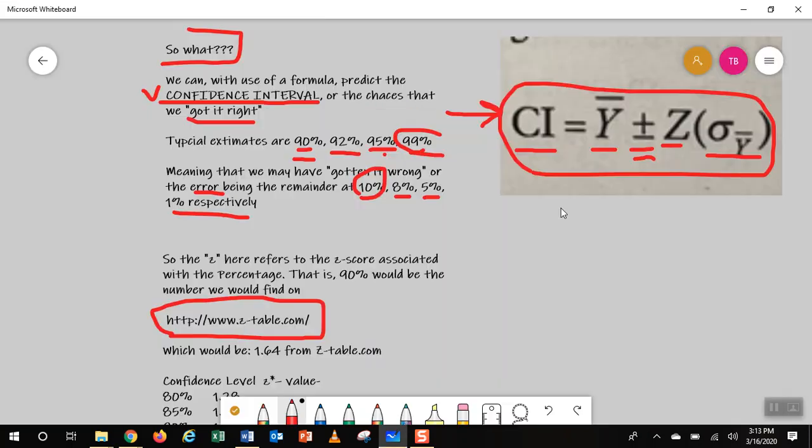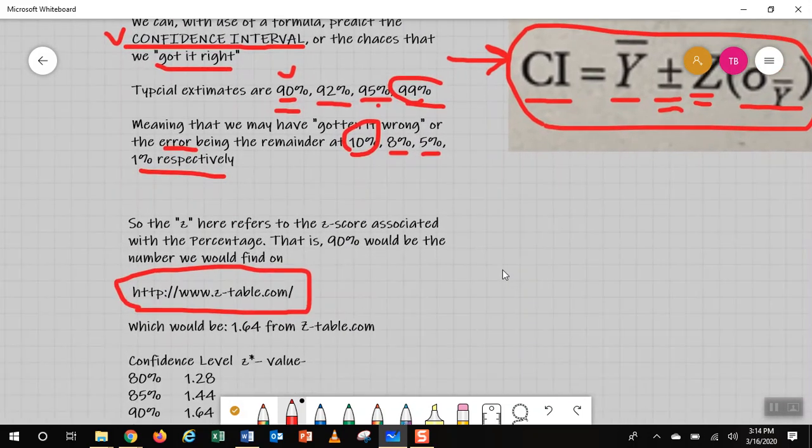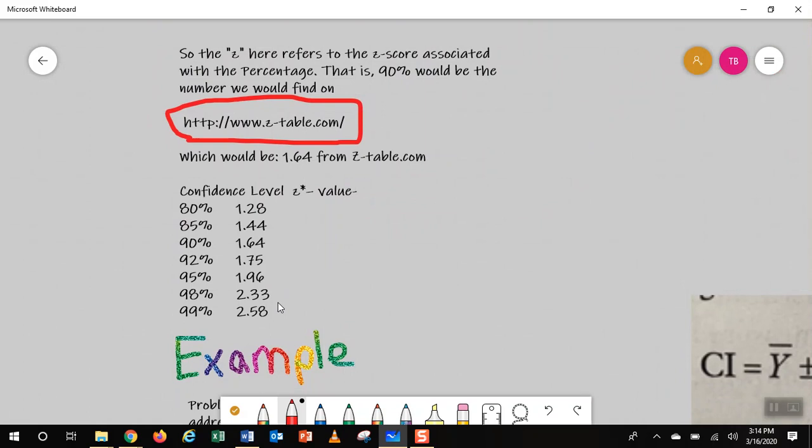These percentages all correspond to these. So the z-score for 90% would be 1.28, and so on and so forth. Z here is always referring to the z-score. If you scroll down a bit, I have some samples here.